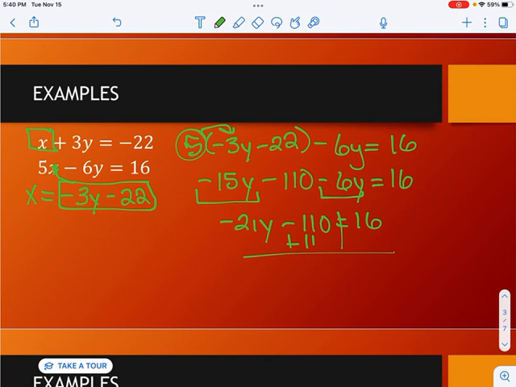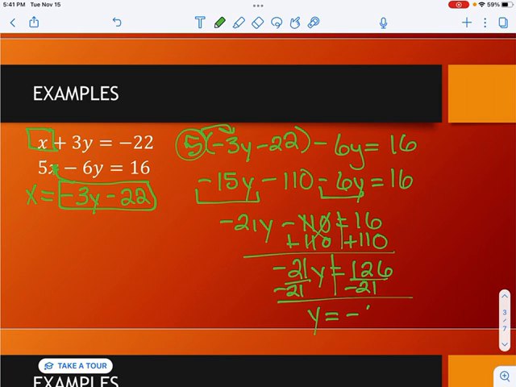I'm then going to add 110 to both sides. And that would leave me negative 21y is equal to 126. At that then, I'm going to divide by a negative 21. And that would leave me with an answer of y equals negative 6.